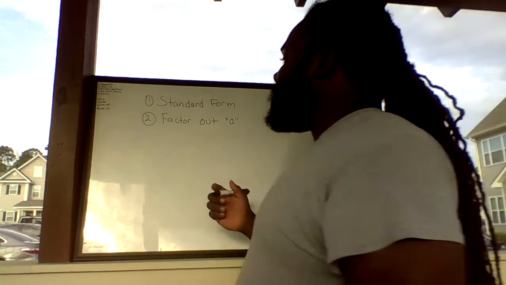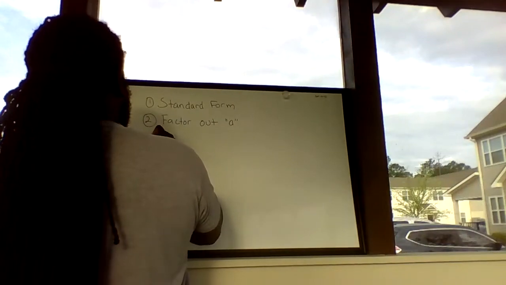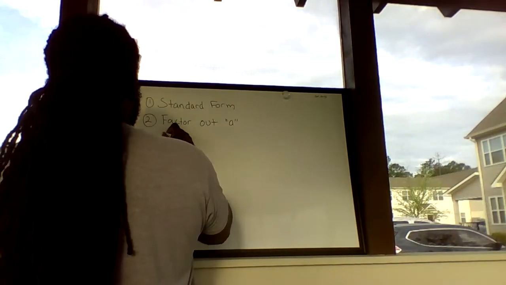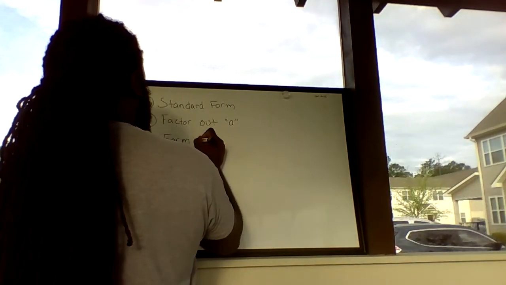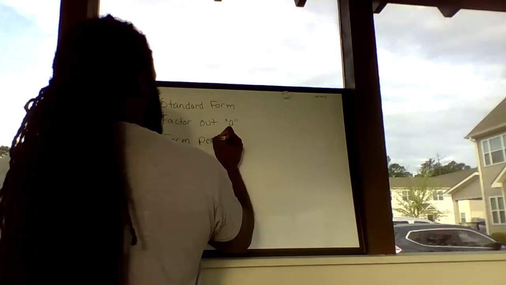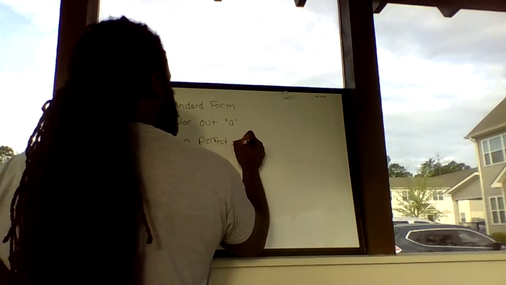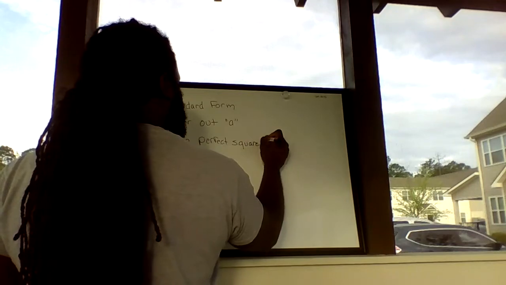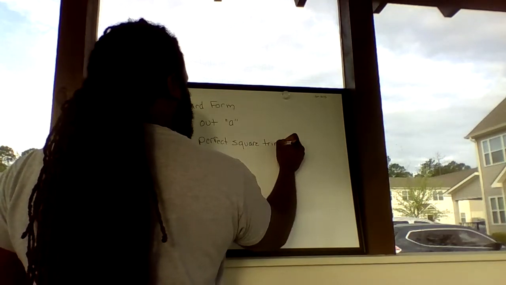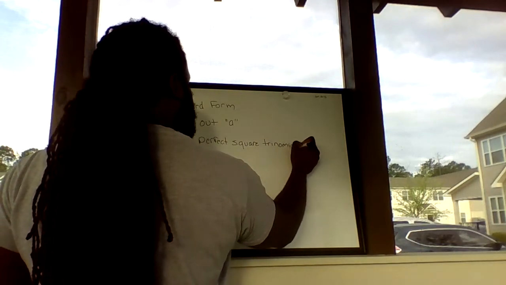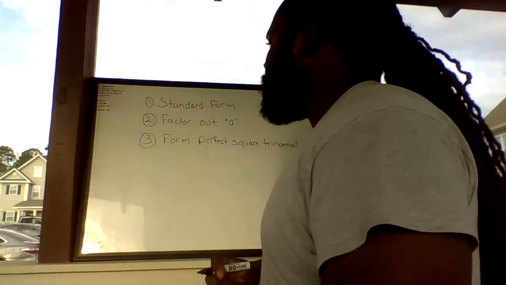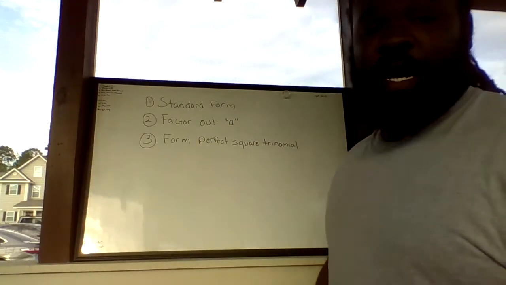All right. Then the third thing we want to do, we want to complete the square and form our perfect square trinomial. All right. So first, put it in standard form.